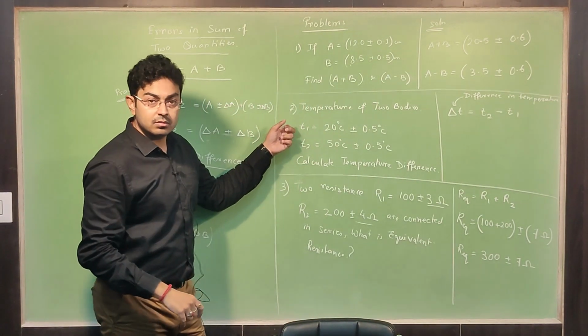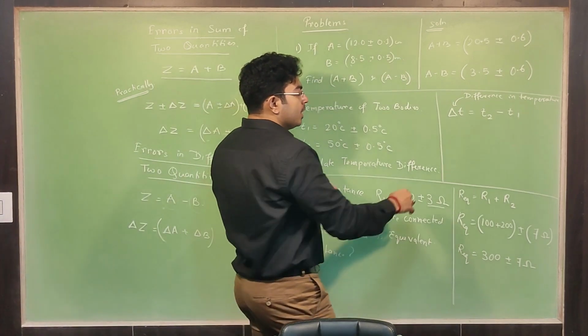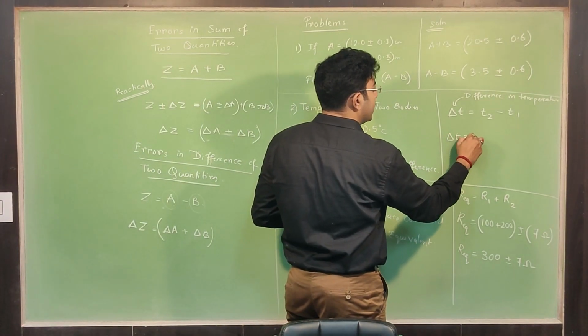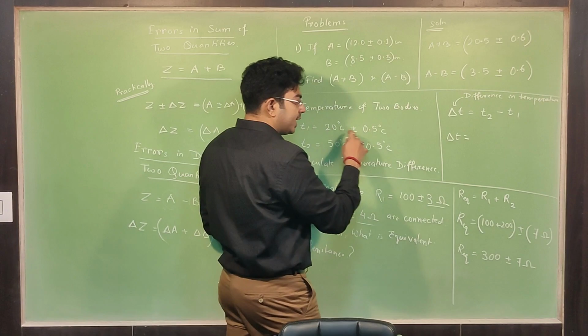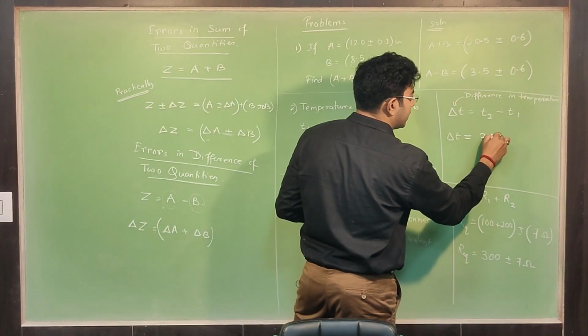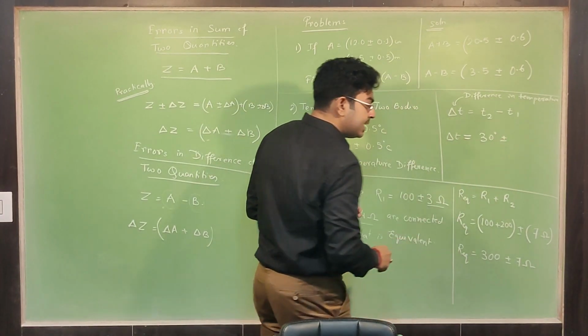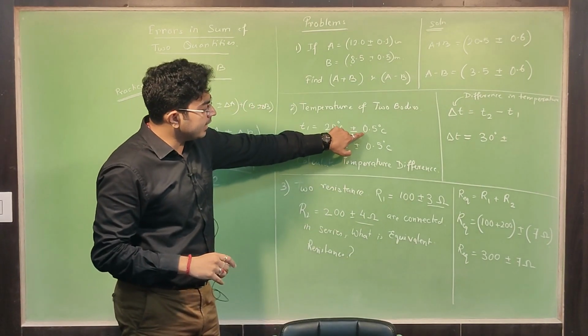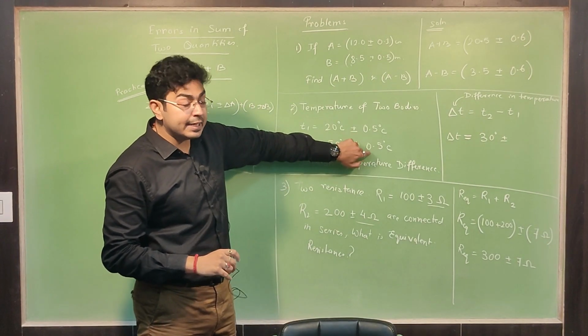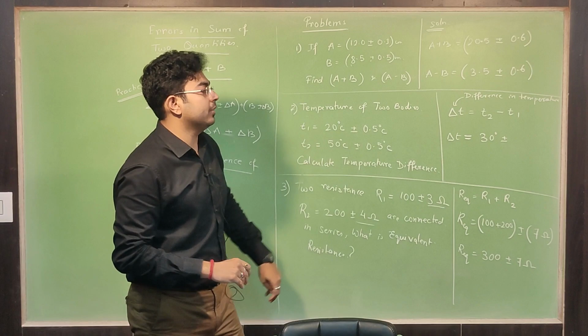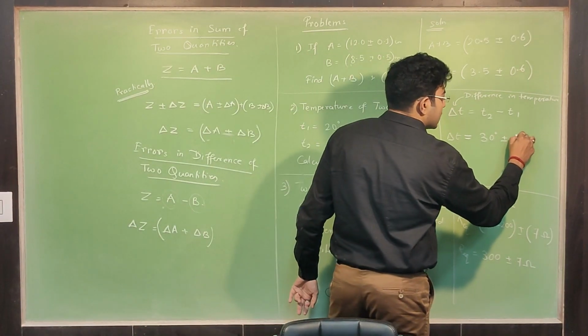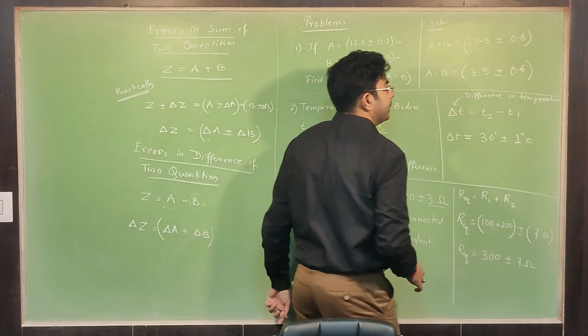T2 minus T1 is 50 minus 20 degrees, that is 30 degrees. But in writing the error, we always have to add the errors, 0.5 plus 0.5, that is plus minus 1 degree.